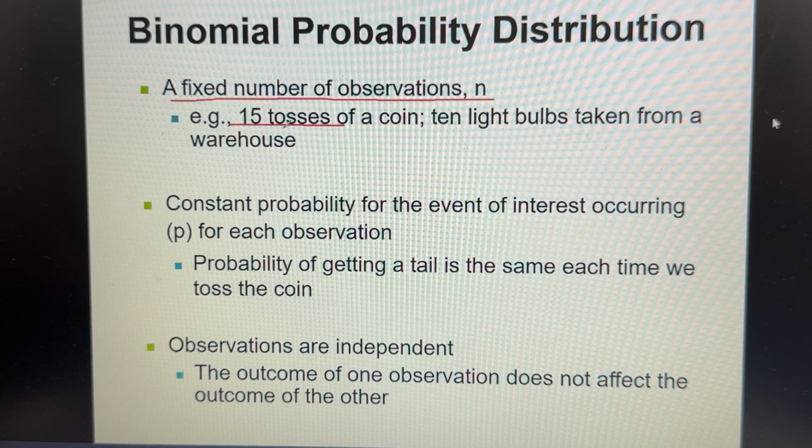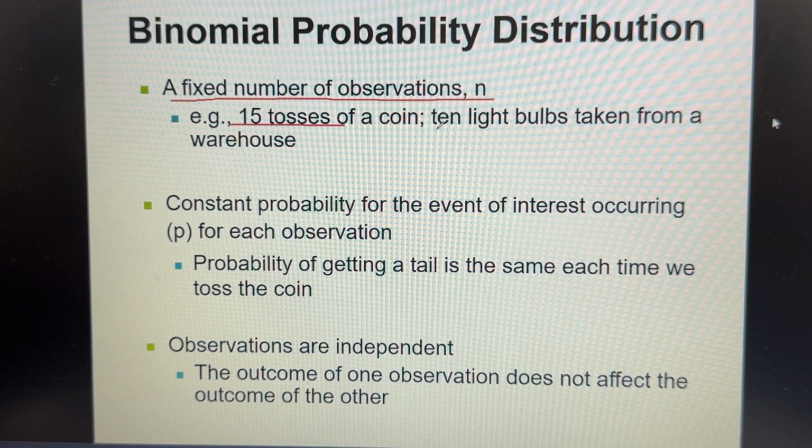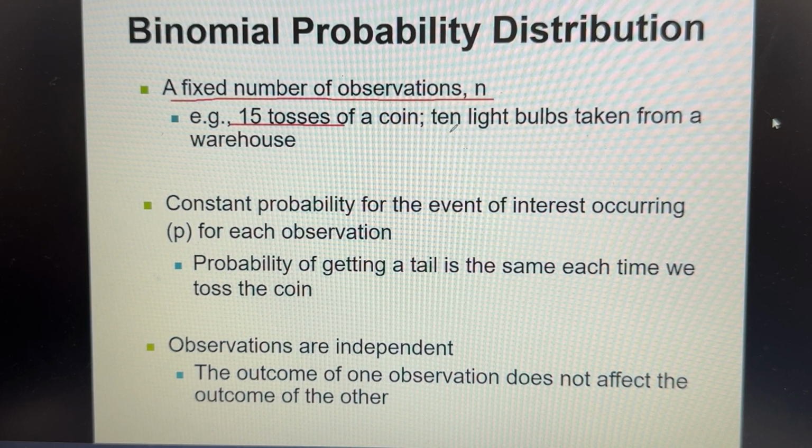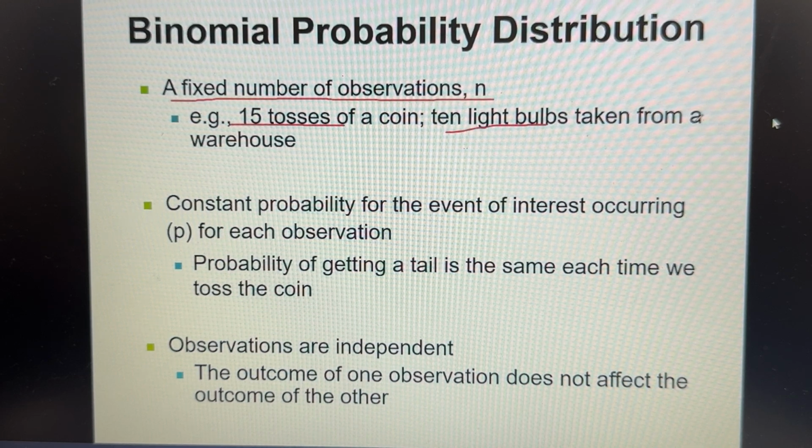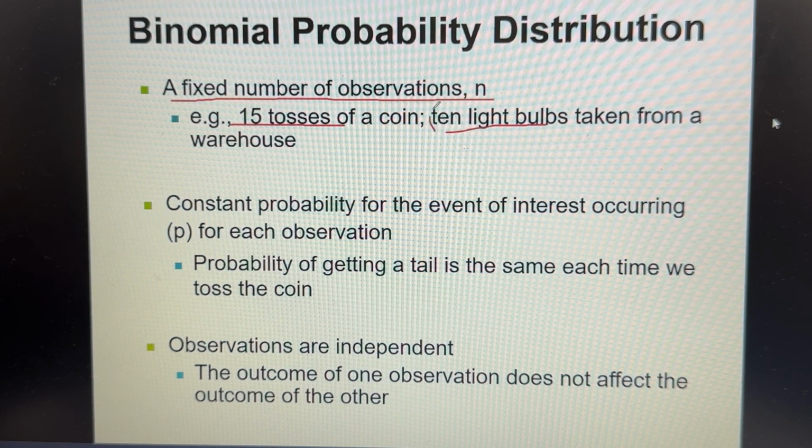Or when you test 10 light bulbs taken from a warehouse for a quality check, the 10 light bulbs is fixed. So always this N is fixed, and you define N.